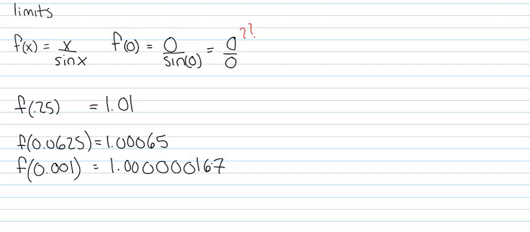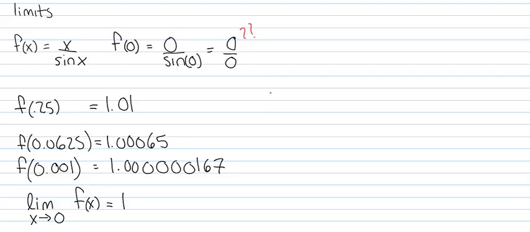And we can talk about what f is approaching as x goes to 0 with the concept of a limit. So we can say here that the limit as x approaches 0 of f of x is equal to 1. But we actually have to pause for a second and say that we've only examined positive values of x here.